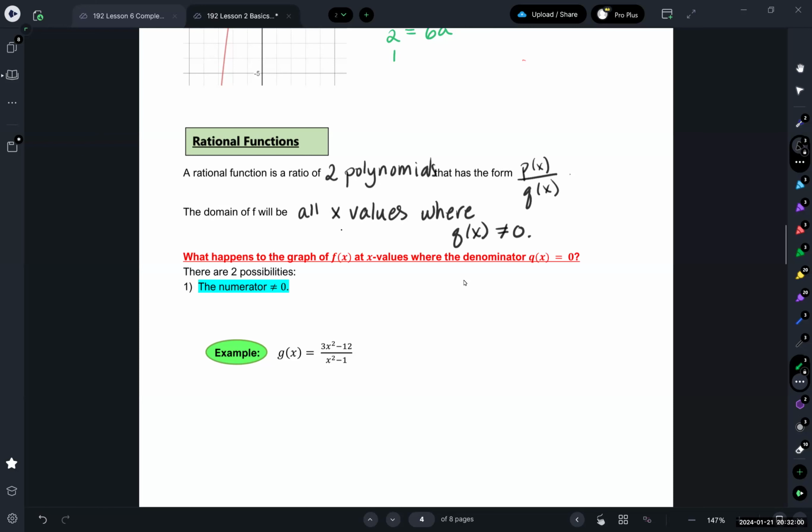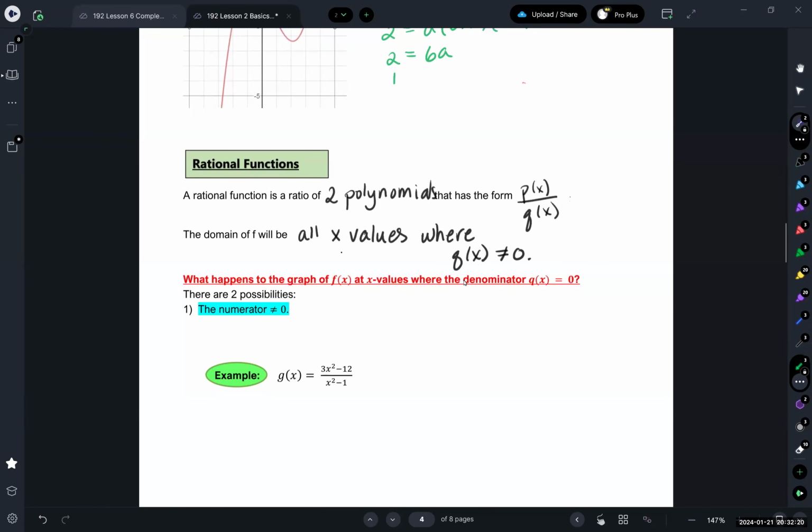And so many times we're used to saying, oh, that's where there's a vertical asymptote, but this is not always the case. So we have to make sure we look at both possibilities. So the first possibility is when the numerator is not 0. In other words, p of x, because that is our numerator, would not be equal to 0 at this x value.